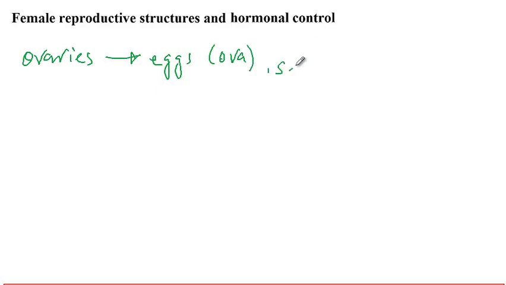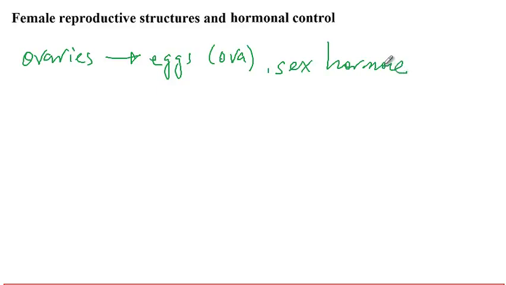Next, we would like to discuss the female reproductive structures and hormone control. All right, so here ovaries are producing eggs, the other name for which is ova, and there is also secretion of female sex hormones.